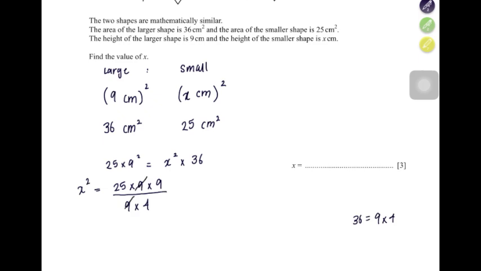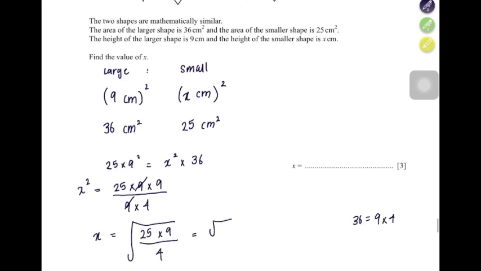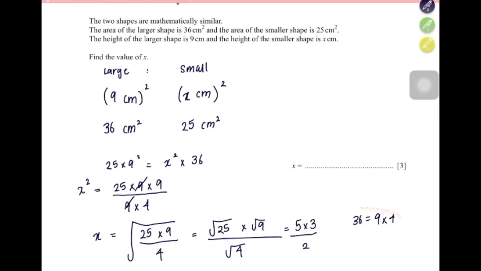So we can cancel them. And we are supposed to square root them. X equals square root of 25 times 9 divided by 4. This is the same as square root 25 times square root 9 divided by square root 4, which would be 5 times 3 divided by 2. Let's move it away.